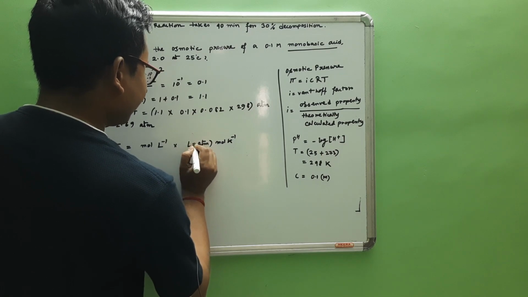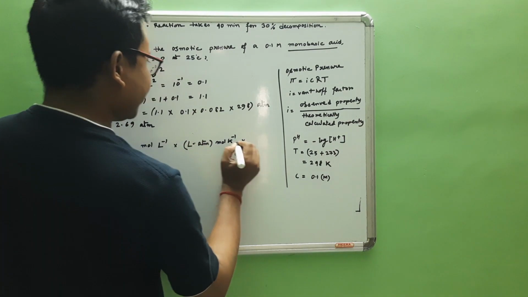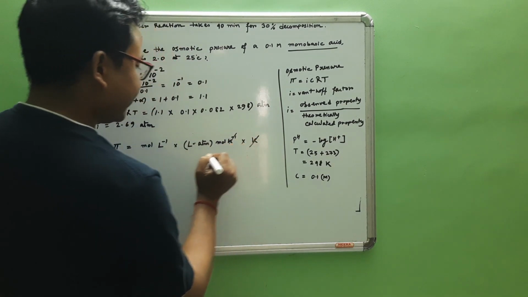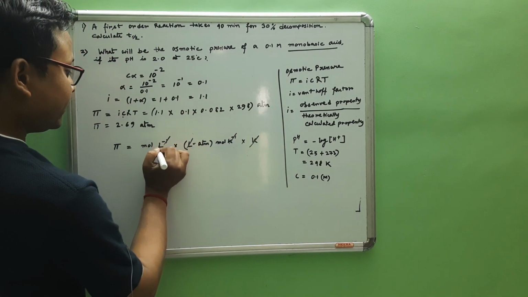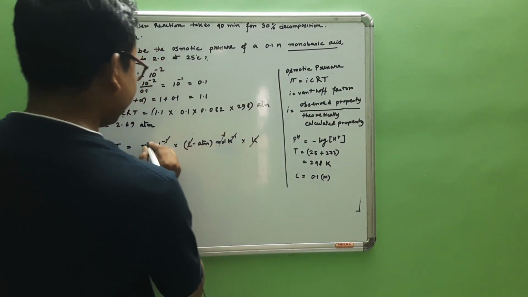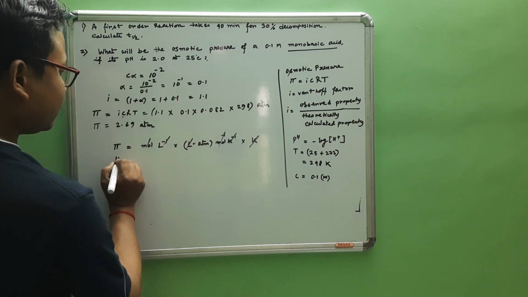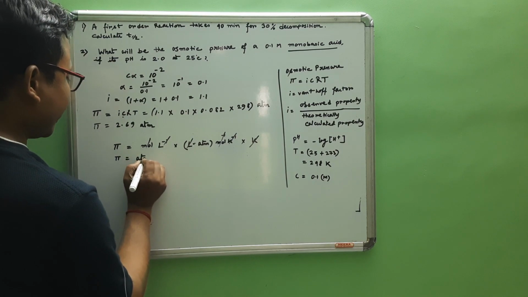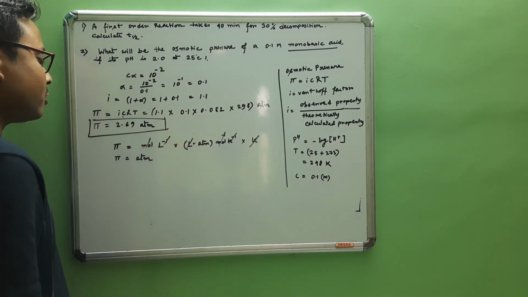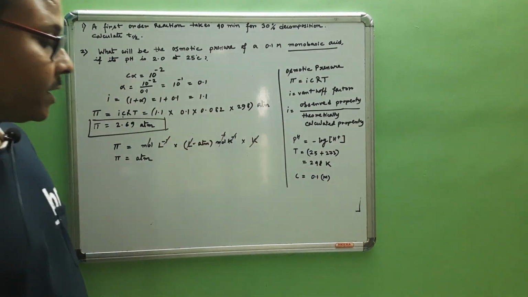And the unit of T is Kelvin, so Kelvin inverse cancels, liter inverse cancels, mole inverse cancels, so only atmosphere remains. So here the osmotic pressure will be 2.69 atmosphere.